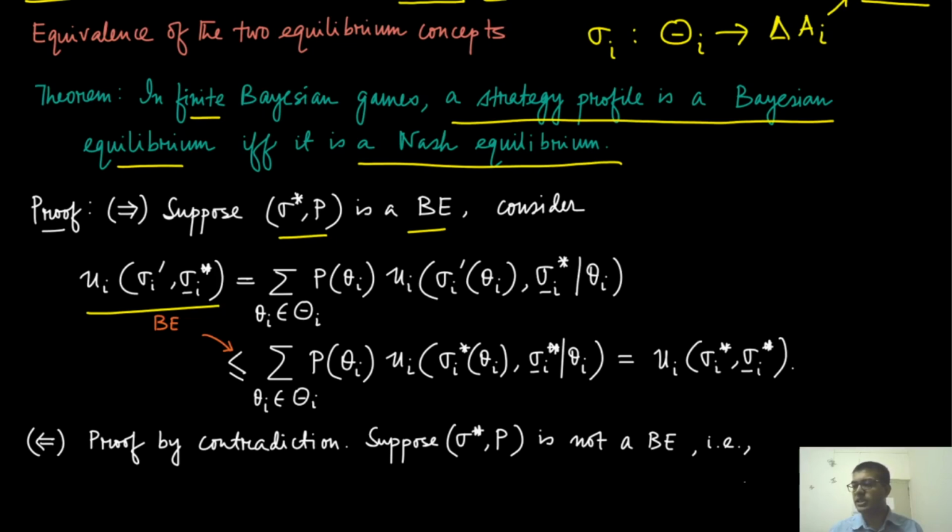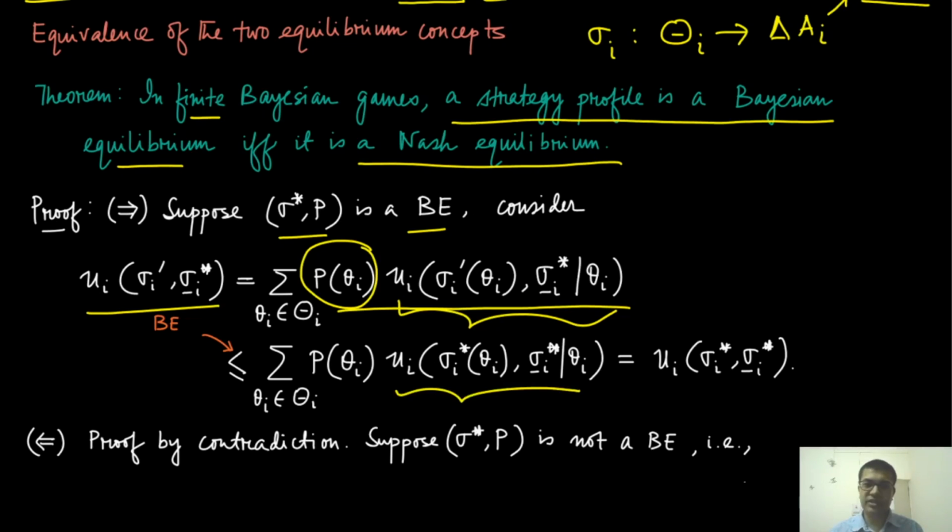Now I know that you can write this as the expectation with respect to θ_i, and the inner utility is the interim utility for player i. Now, because σ* is a Bayesian equilibrium, this quantity should be less than or equal to this quantity, and therefore this inequality should hold.